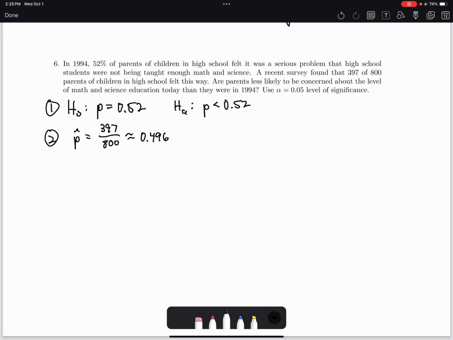We did have a very large sample size here, so let's see. Only one way to find out. We've got to get the p-value, right? So we'll use the inference for a proportion. We'll put in a sample size of 800 and 397 successes, and we'll see what p-value we get. So let's head over to Art of Stat.